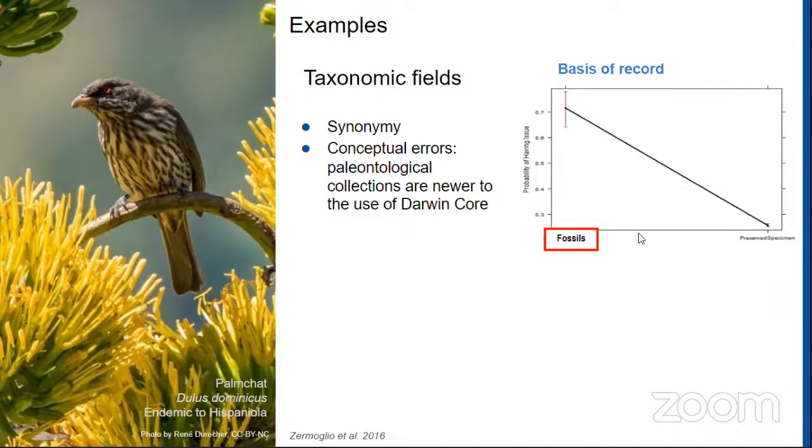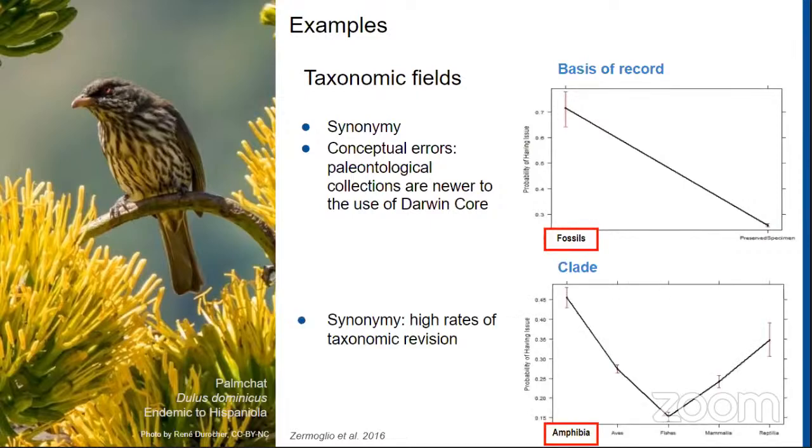What they found was that fossils have a much higher probability of having issues than specimens of recent times. This was attributed both to synonymy and to some conceptual errors, because the paleontological collections are newer to the community and to the use of the Darwin Core standard.